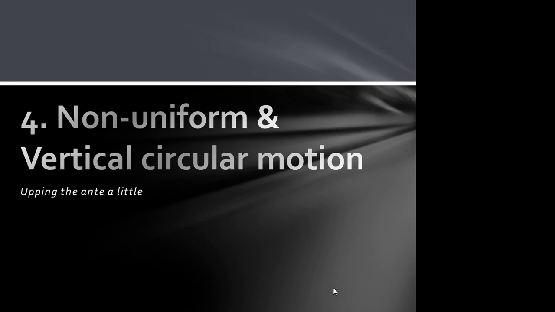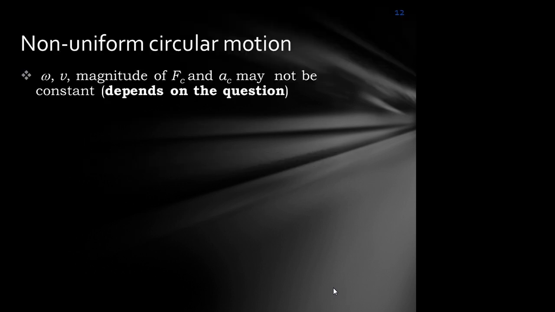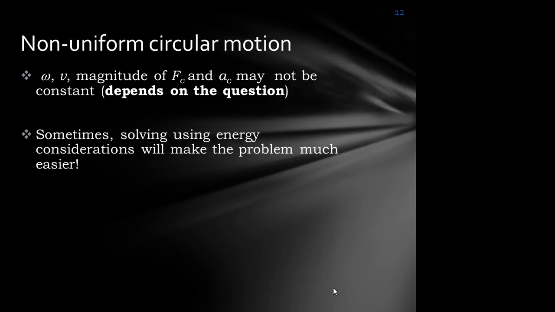So whenever I'm in non-uniform, it just means omega, v, f, and a might not be constant. It depends on the question. Right? And sometimes when we solve a vertical circular motion question, we don't only use the circular motion equations, we can sometimes consider the energy.